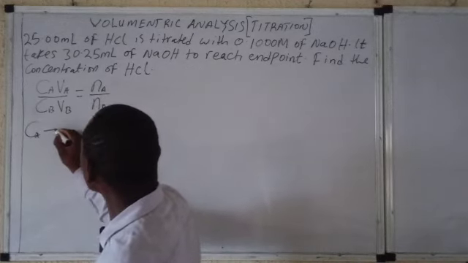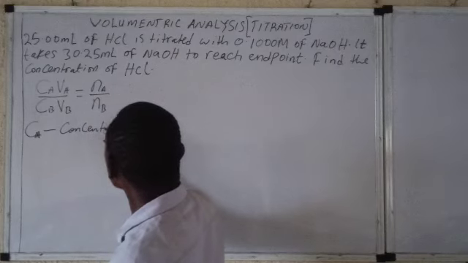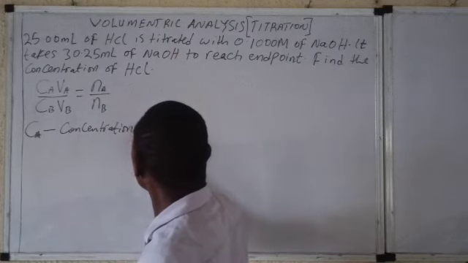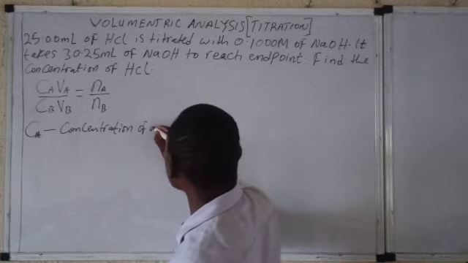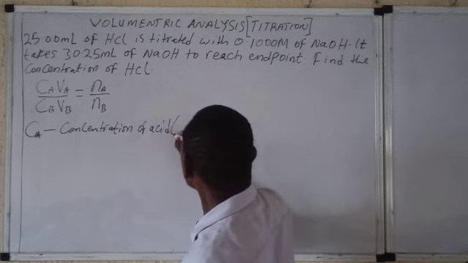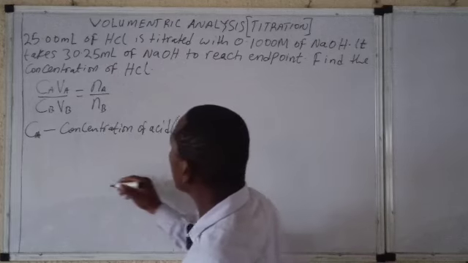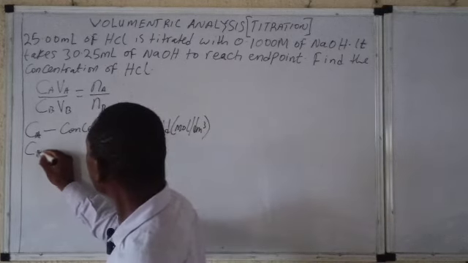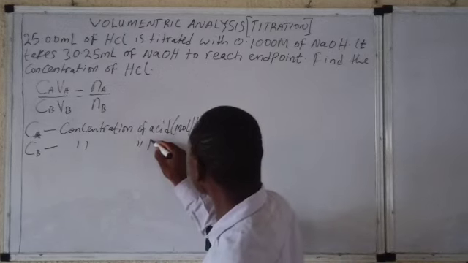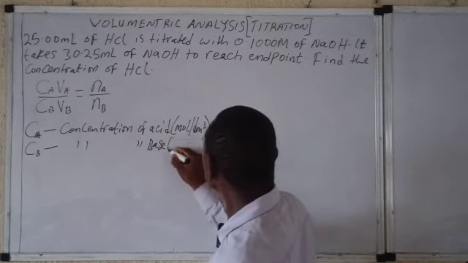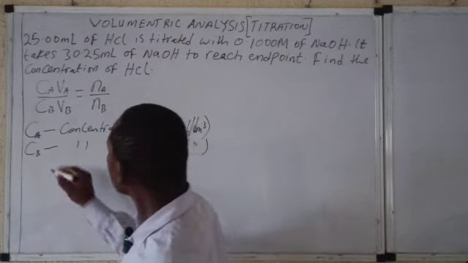Ca means the concentration of the acid in mole per dm³. What is Cb? Cb means the concentration of the base in mole per dm³.